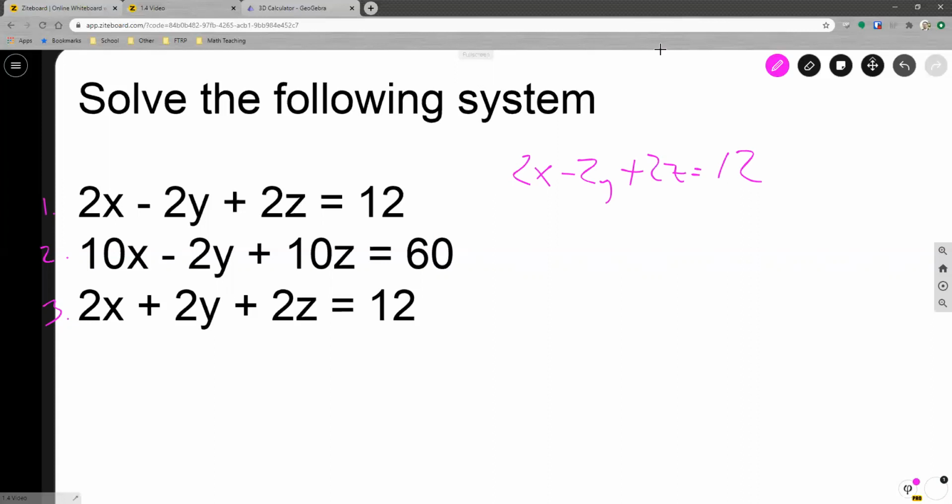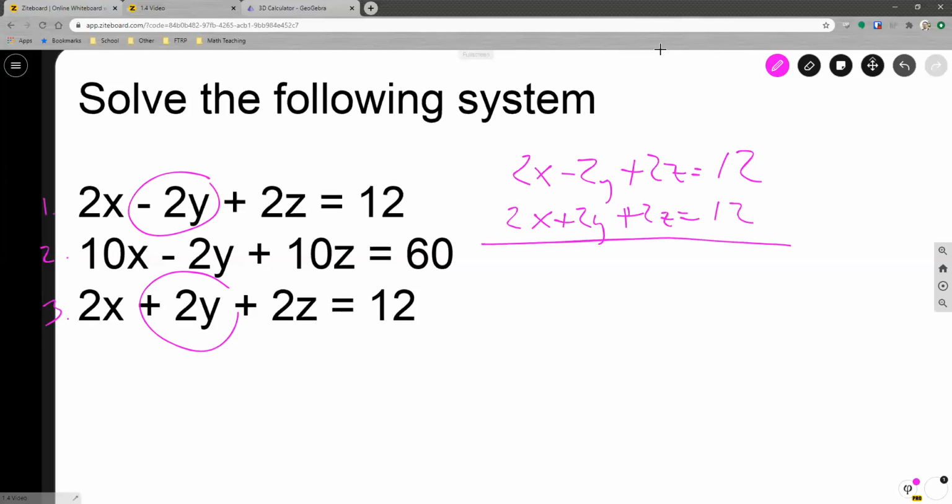Now, if I was doing examples, I would normally try to get rid of z just because I've gotten rid of x and y, but the variables are just the variables. It doesn't really matter. Notice these are opposites. 2y and -2y are immediately opposite each other. So I'm just going to add these two equations together really quick. So 2x plus 2y plus 2z equals 12.